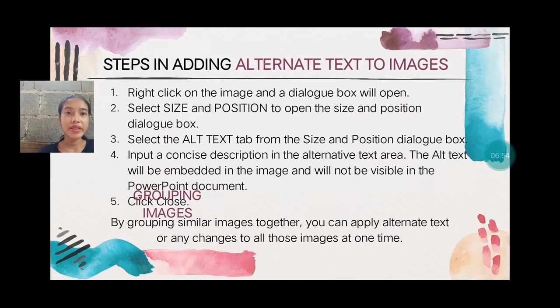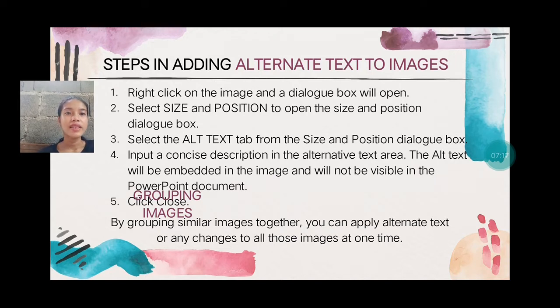So I have here the steps in adding alternate text to image. I have here the 5 steps. First, I will read the 5 steps. Number 1, right click the image and a dialog box will open. Number 2, select size and position to open the size and position dialog box.